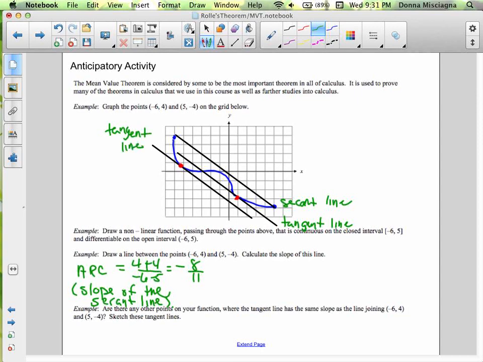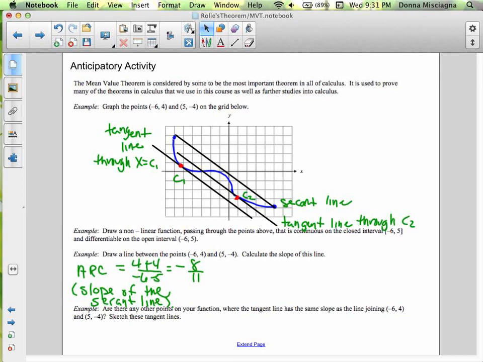And we'll just call this one C1, and we'll just call this one C2. The mean value theorem relates the slope of the secant line to the slope of the tangent line. Let's take a look at the mean value theorem.